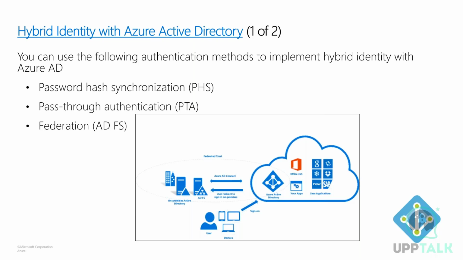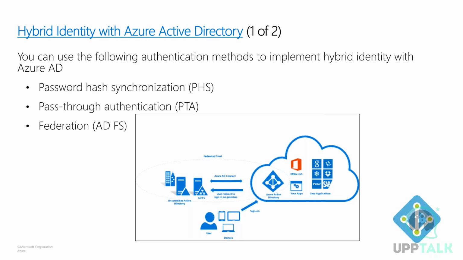One is password hash synchronization. The simple meaning is that the hash values of your users get synchronized with Azure Active Directory. Second is pass-through authentication, where you have an agent installed on the client's Active Directory. Third is federation, which is Active Directory Federation Services.